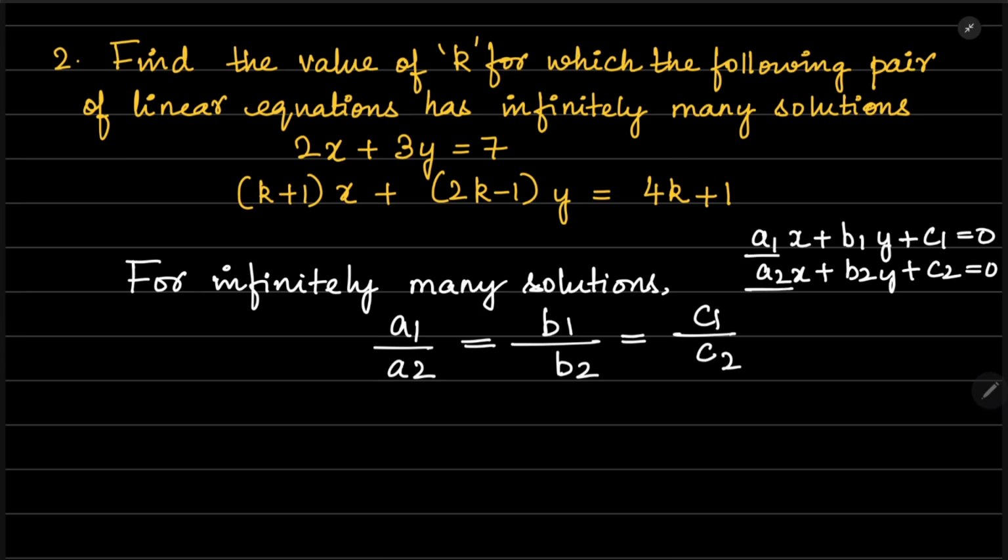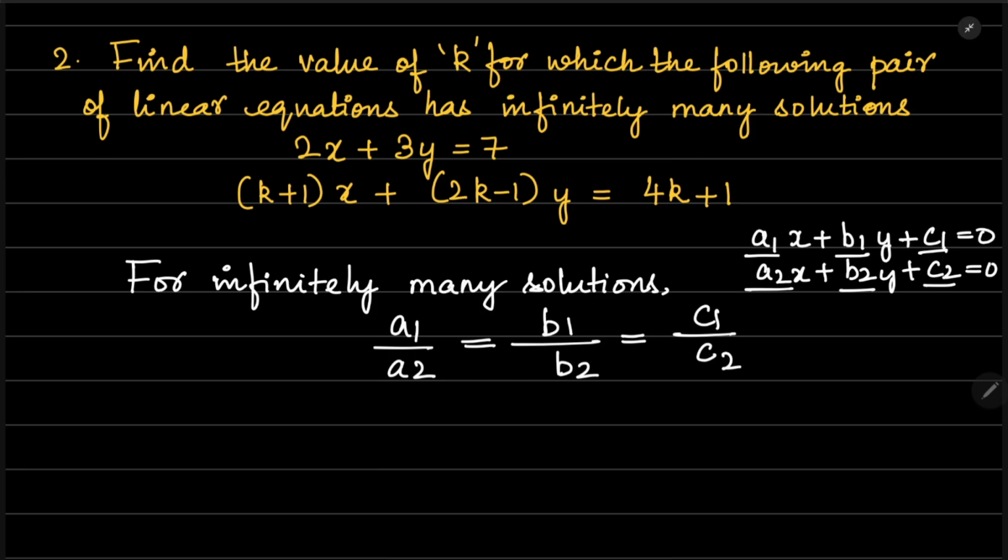So your a1 by a2, b1 by b2, c1 by c2, all these three ratios have to be equal. If they are equal, that means this pair of linear equations has got infinitely many solutions. The lines will coincide over each other, or the lines will overlap each other. Each of these are straight lines, and these lines will overlap each other and they will have infinitely many solutions.